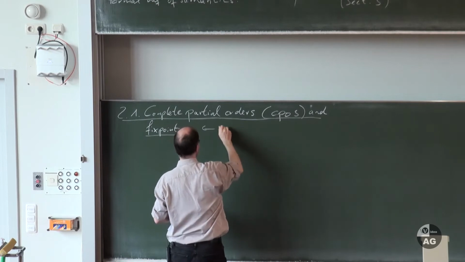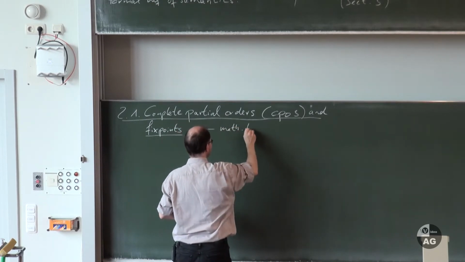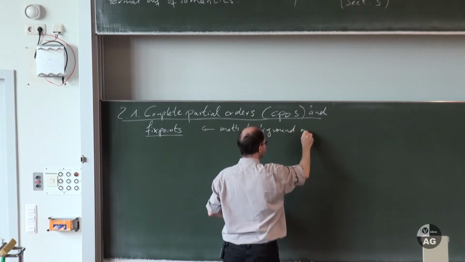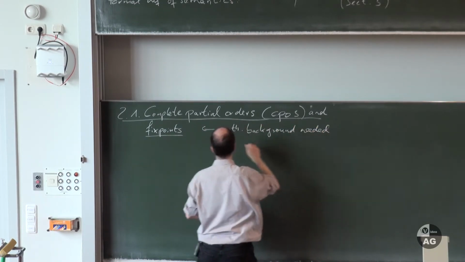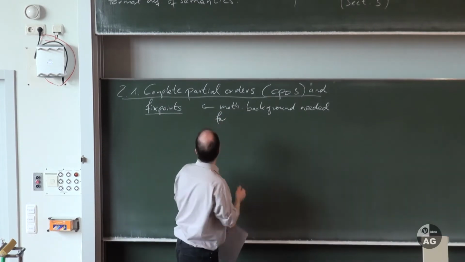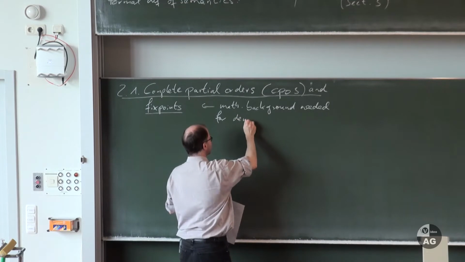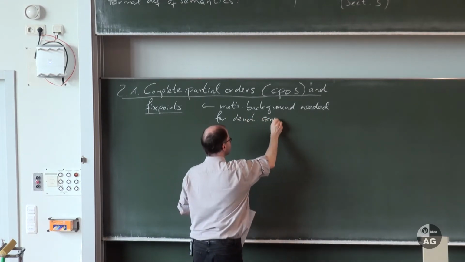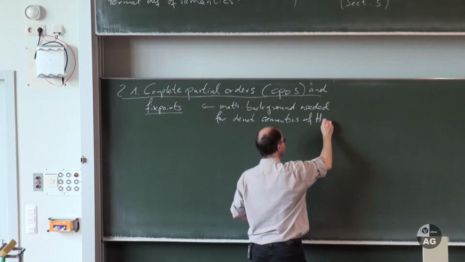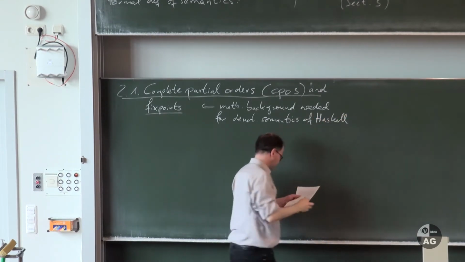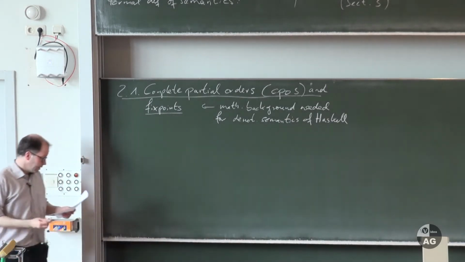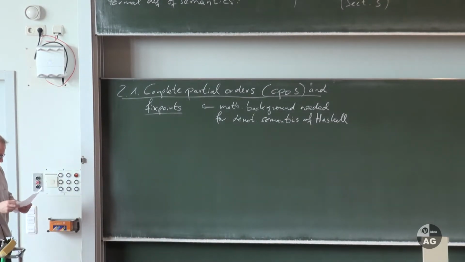So this is the mathematical background that is needed for defining the denotational semantics of Haskell in the next subsection. OK, so that's what we will have to do.